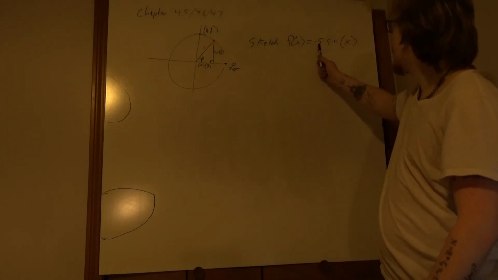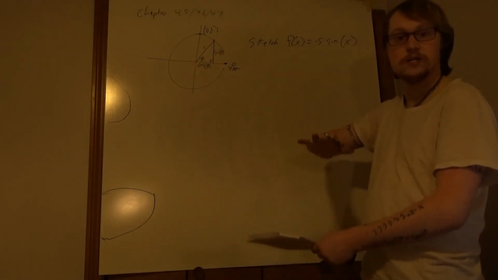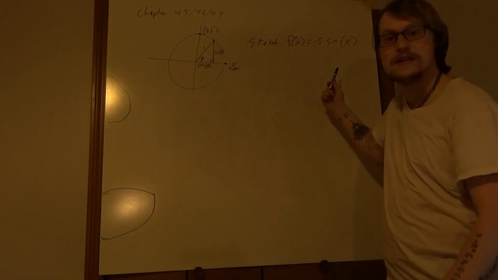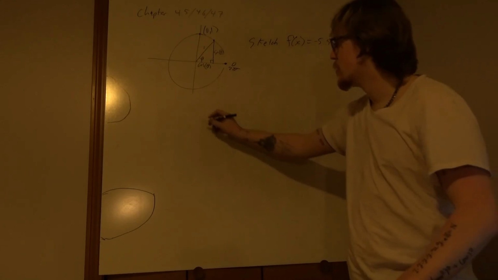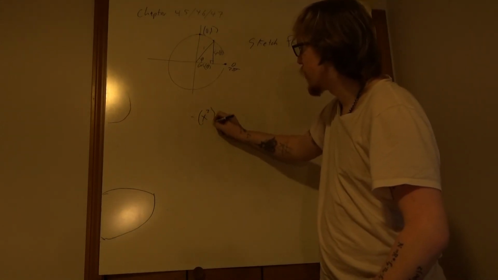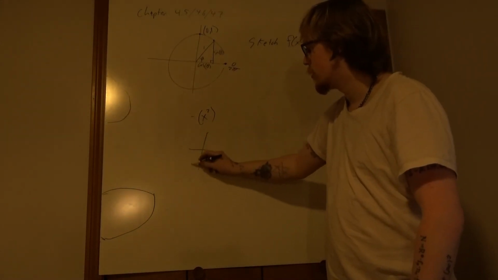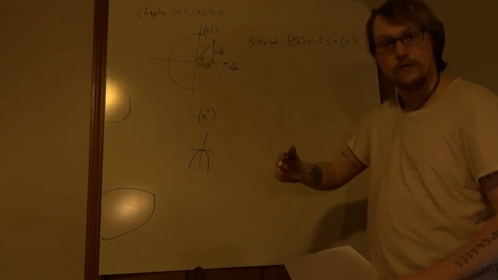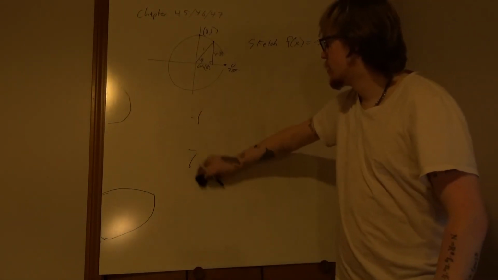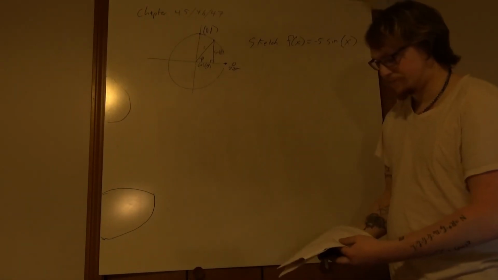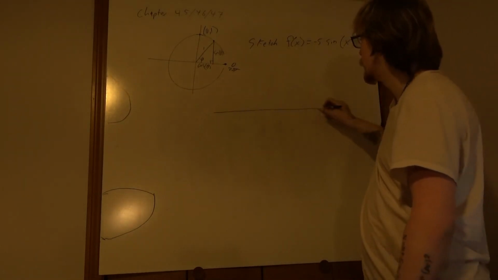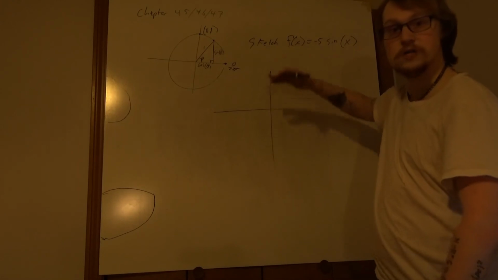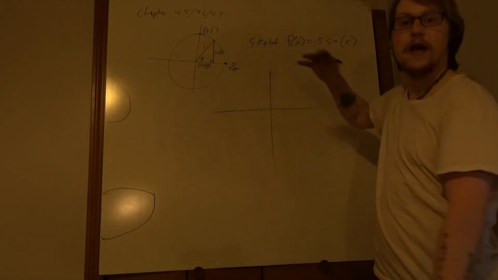So everything is going to be stretched by 5, but because it's negative 5, it's also going to invert things. Just like when you have negative x squared, this gives you an upside down parabola rather than a right way up parabola, and that's just because of the negative sign. So to sketch this, it is going to look exactly like sine stretched vertically by 5 and flipped upside down.